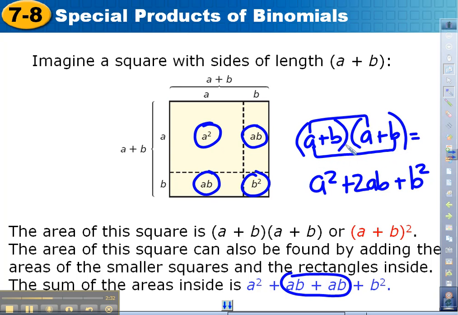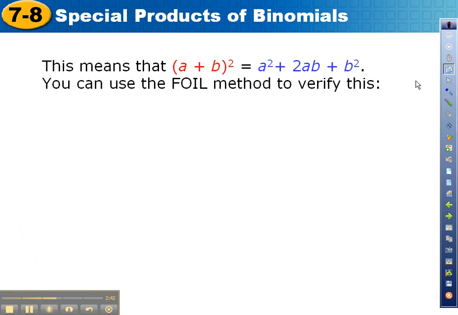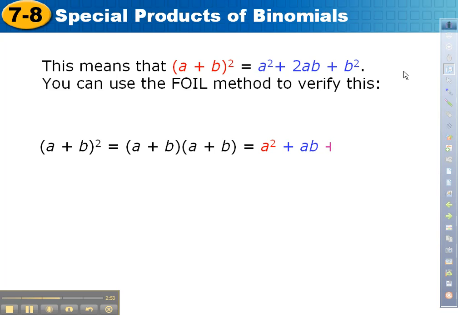Here's ab plus another ab, which gives you 2ab. Last two terms gives you the b squared. This means that the quantity a plus b being squared gives you a squared plus 2ab plus b squared. You can use the FOIL method to verify this.